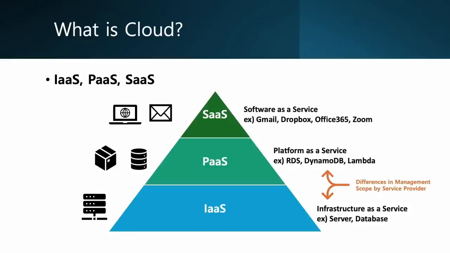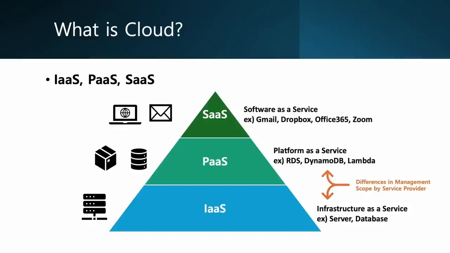PaaS is an intermediate step of virtualization. Here, virtualization provides a higher level of abstraction. Users are provided with a platform to develop and deploy applications. This allows users to develop and run applications without worrying about infrastructure such as servers, storage, and networks.